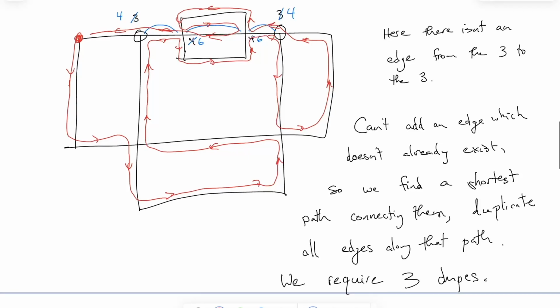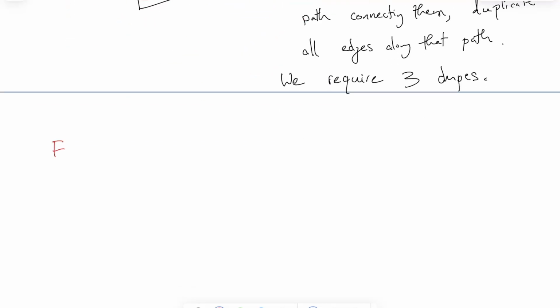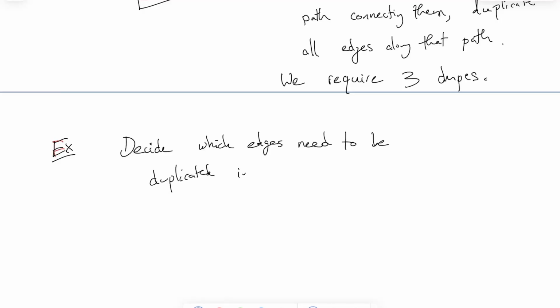I have a few examples. Let's not do the whole drawing of the circuit, but here are some more examples. In each case, just decide which edges need to be duplicated in a minimum duplication circuit.